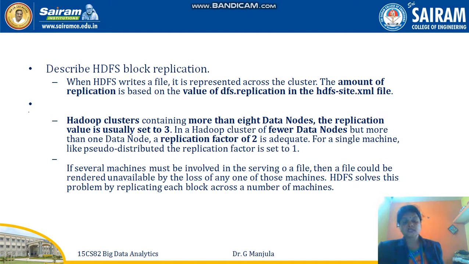Whether it will damage my memory, whether it will occupy more space. Instead of 5 GB of data, I am storing 10 GB, exactly 2 times, so 10 GB of memory is used for only 5 GB of data. How to overcome this, how to retrieve this, all these things we are going to learn here in HDFS block replication. Now we will see one by one.